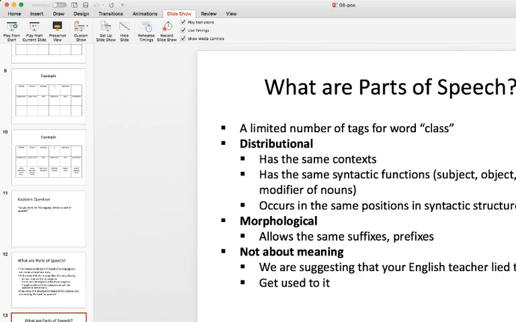This is even more evident if you do some kind of syntactic analysis on the data. You can tell whether something occurs as the subject, for example, or the object of a sentence. And if it occurs as a subject or an object, then it's going to be a noun. If it occurs as a modifier of a noun, a modifier of a subject or an object or an indirect object, it's going to be an adjective.